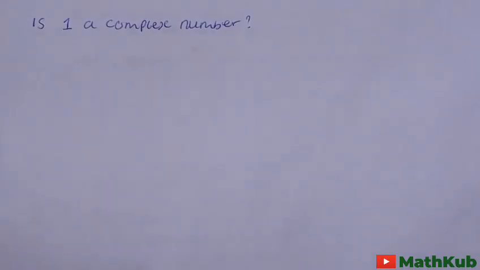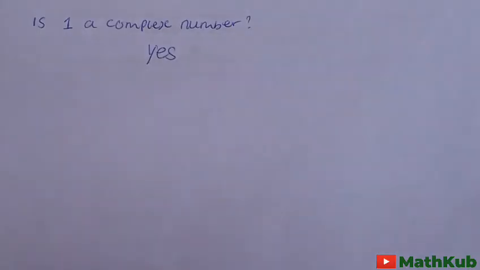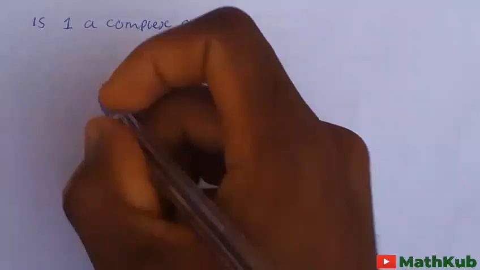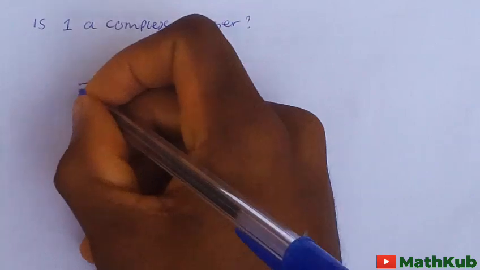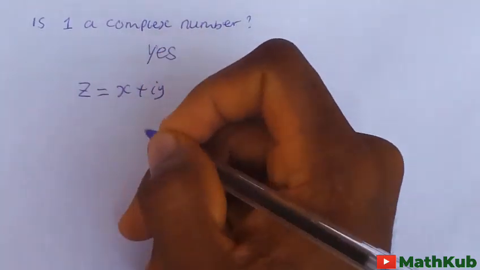Before we continue, let me answer the question I asked earlier at the beginning of this video. Is 1 a complex number? The answer is yes. We say that a complex number is any number of the form z equal to x plus iy.